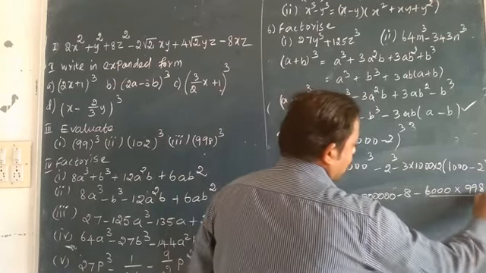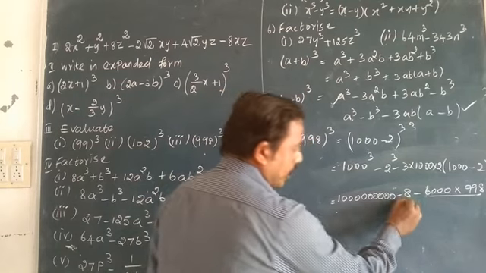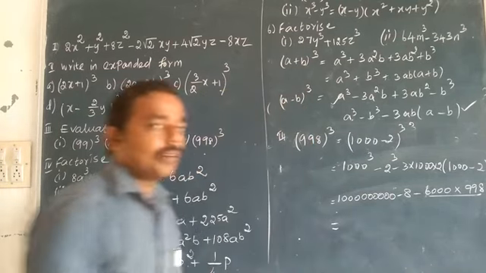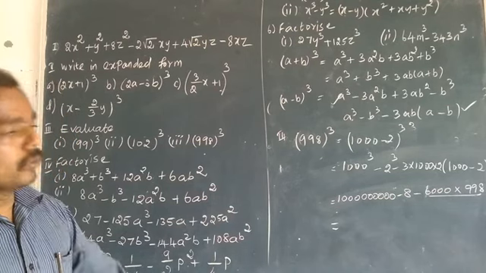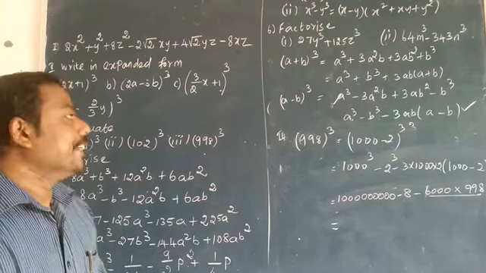So now multiply this value and add, finally do this problem. Like that you need to find by using your identity.